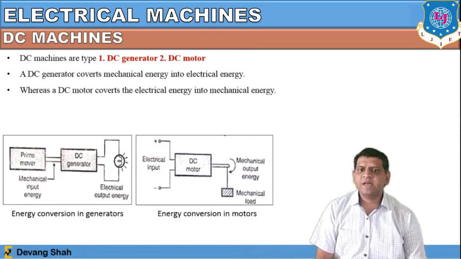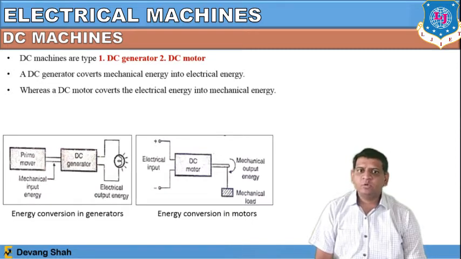From this diagram you can see the prime mover gives the mechanical energy, and that mechanical energy is converted into electrical energy by means of the DC generator. Whereas the DC motor converts electrical energy into mechanical energy.